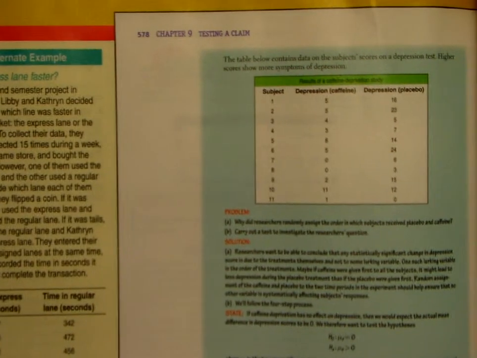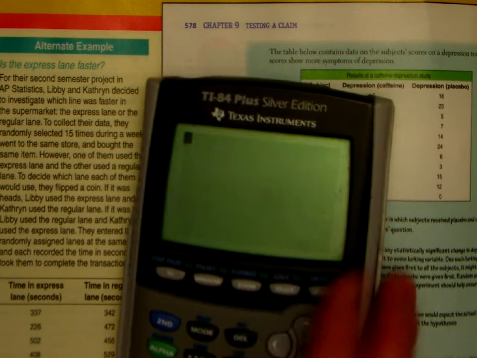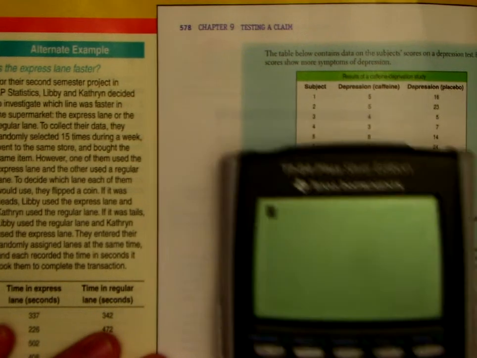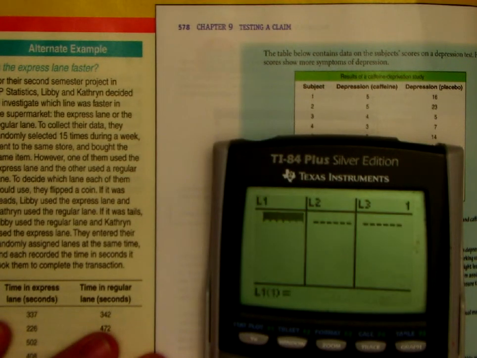When you look at the data, matched pairs is always going to be a mean, because matched pairs is always going to be entered into your calculator. So I'm going to enter this data, I'm on page 578 now, into L1 and L2. Let's clear that out.